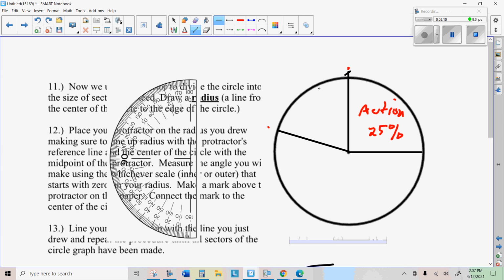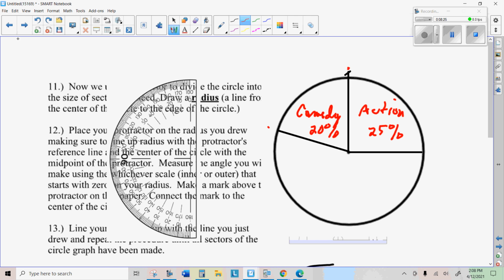And that was comedies, so we should fill that in. All right, and that's 20% of the total, I think it was.